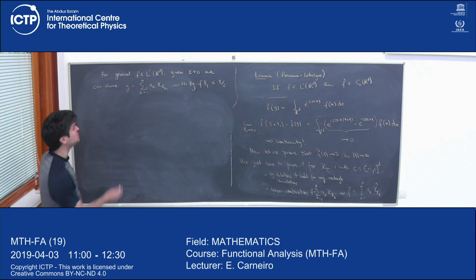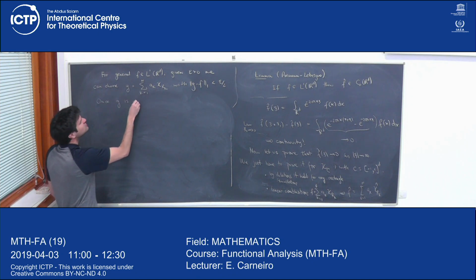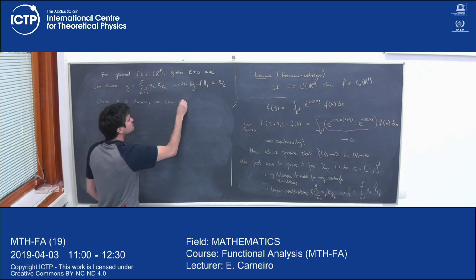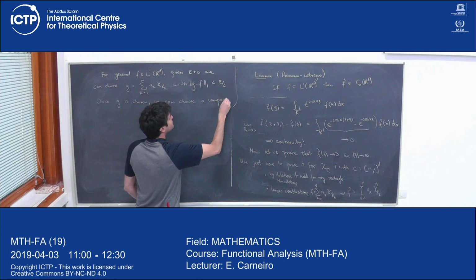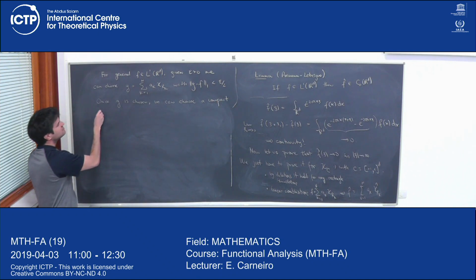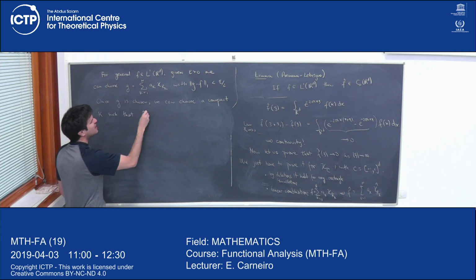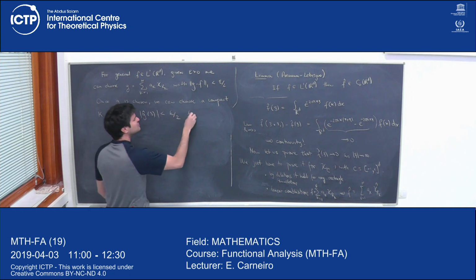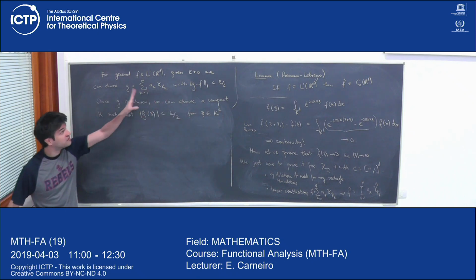Once g is chosen, we can choose a compact K such that g hat of xi is less than epsilon over 2 for xi in the complement of K, if I know how to prove it for these functions.